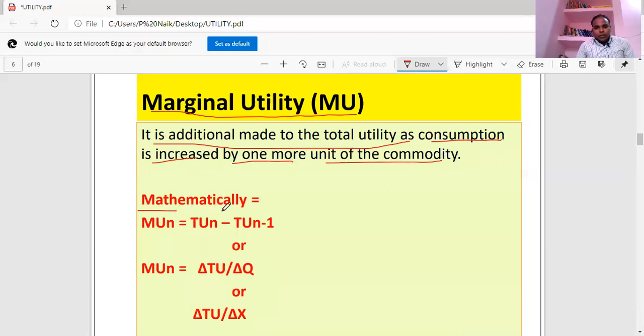Mathematically, marginal utility n equals total utility n minus total utility n minus 1. Or marginal utility equals change in total utility upon change in quantity, or change in total utility upon change in x.